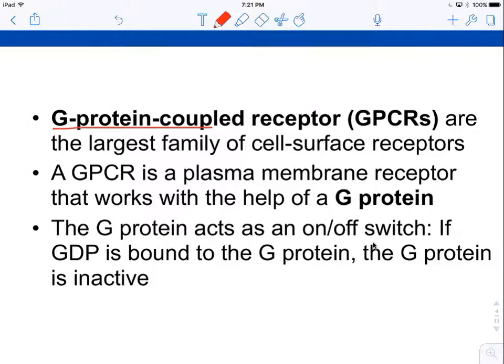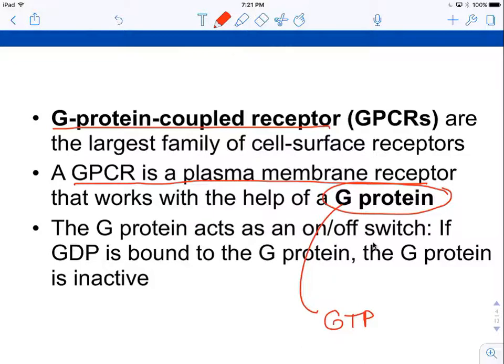G-protein coupled receptors are the most popular of cell surface receptors and the most plentiful. It is a plasma membrane receptor that works with the help of something called a G protein. And the G stands for GTP, which looks similar to ATP because it is similar to ATP.